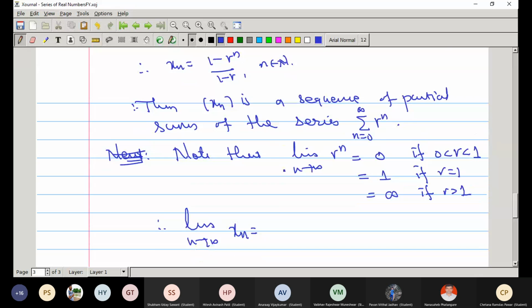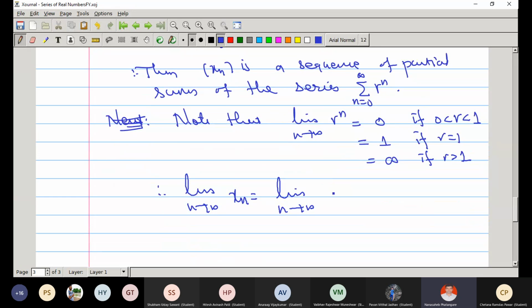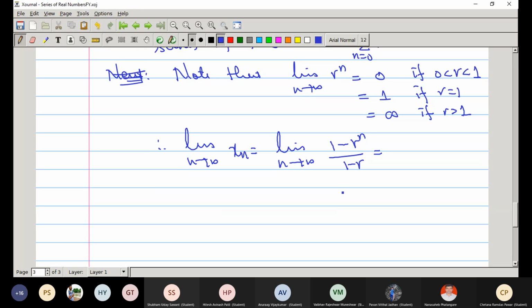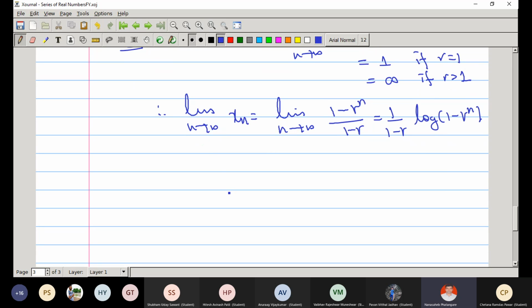It is the limit as n tends to infinity of 1 minus r raised to n upon 1 minus r. Can you tell me this limit? We have fixed some real number r, so 1 upon 1 minus r is a constant, no problem. So we just need the limit of 1 minus r raised to n.